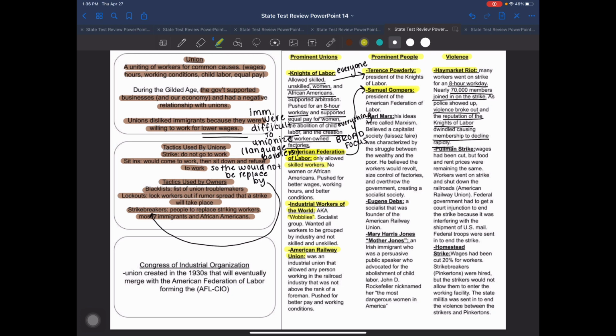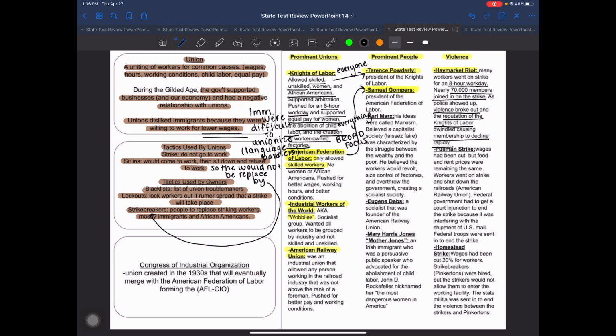And you may be thinking, well, what's the significance of that? As a union, if you are a union of skilled workers, you are more likely to get changes made because you have a skill. If you threaten to go on strike as skilled workers, that's going to mean something because you do something for that company that not everybody can do.